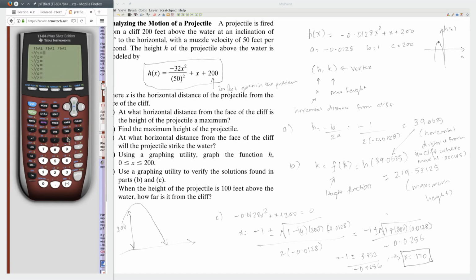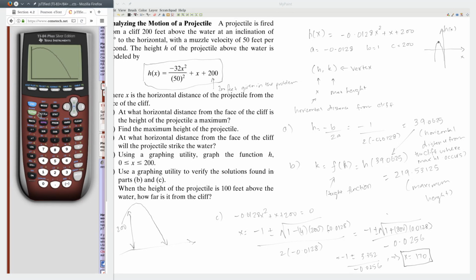And we go to y equals negative 0.0128 x squared plus x plus 200, and we graph. And you can see the maximum height happens very close, and that's the place where it becomes 0.